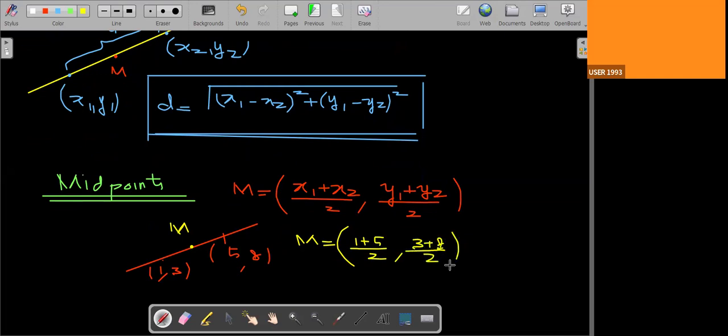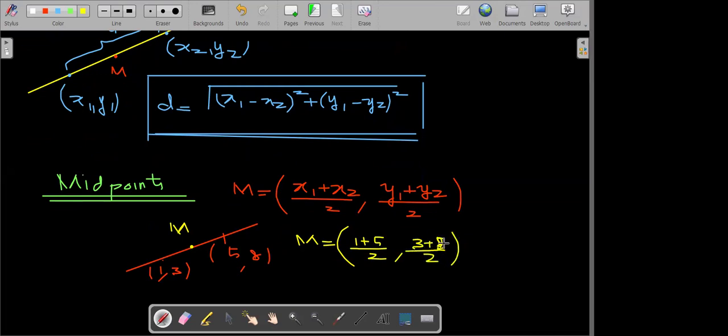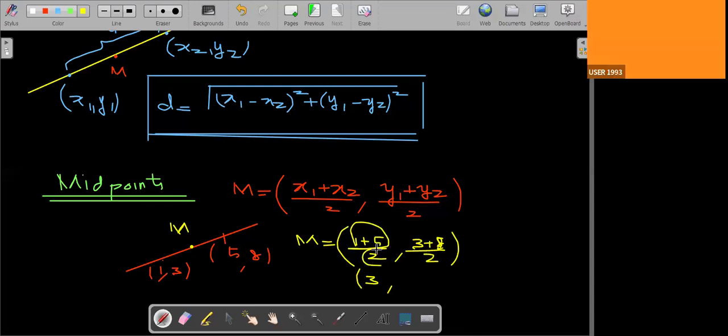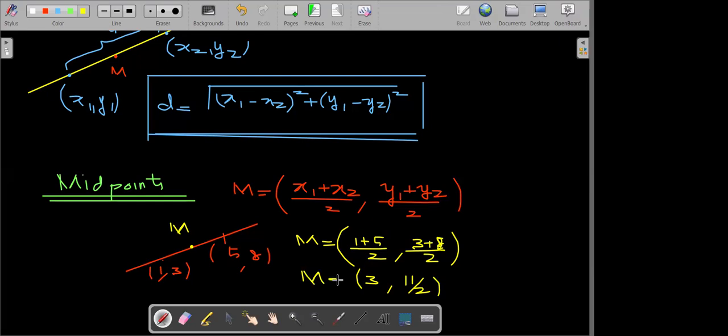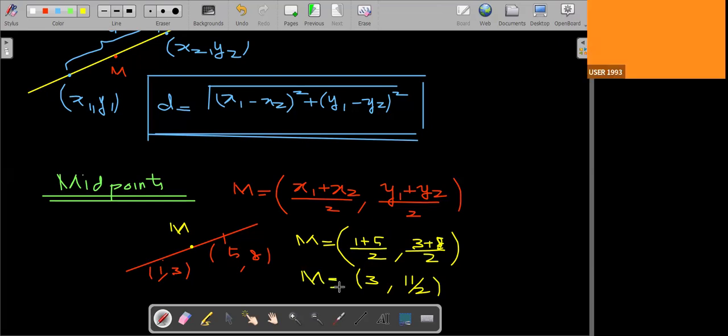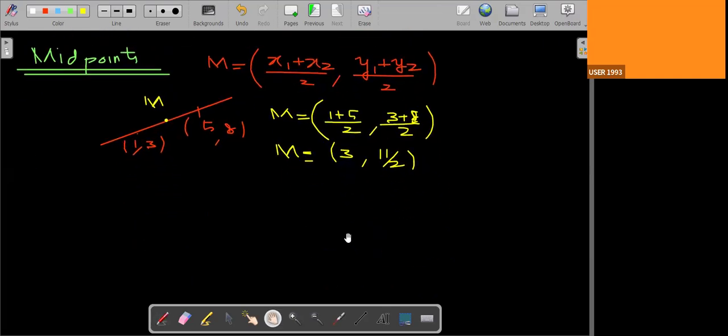So this is then 3, comma, because 6 over 2 is 3, comma, 3 plus 8 is 11, 11 over 2. Agree with it? Yes, sir. This is how we find the midpoint. Understood so far? Yes, sir.